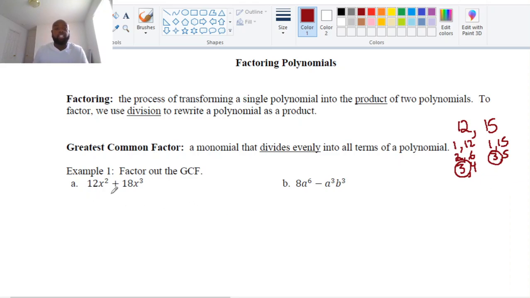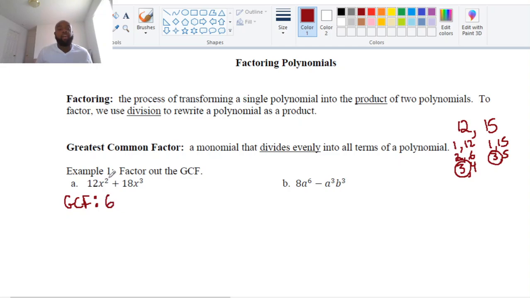For instance, in this example here, where we're going to factor out the GCF, we have 12x squared and 18x cubed, right? So notice we have a coefficient in both of these terms, and a variable expression, right? And so when I think about finding my GCF, if I look at all the factors of 12 and 18, the greatest one is 6.